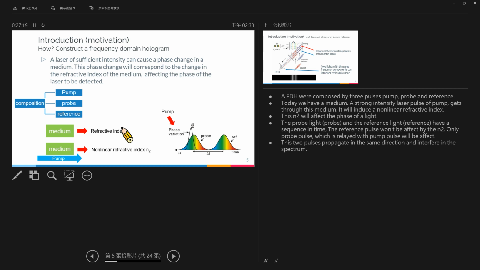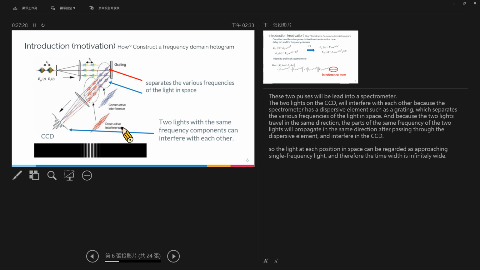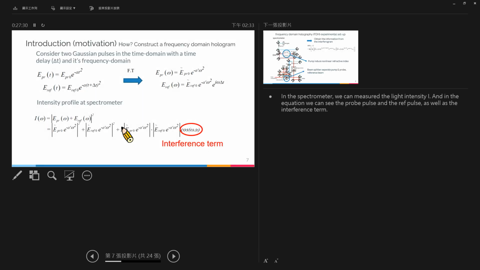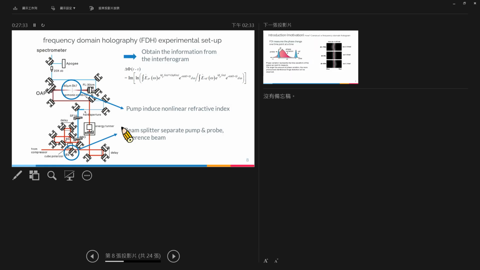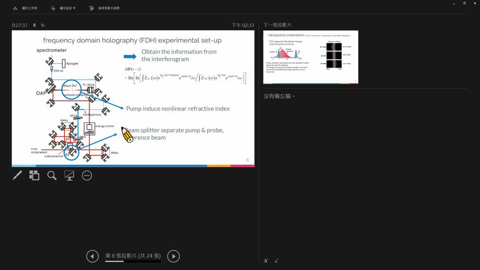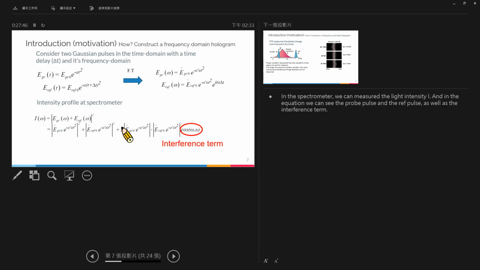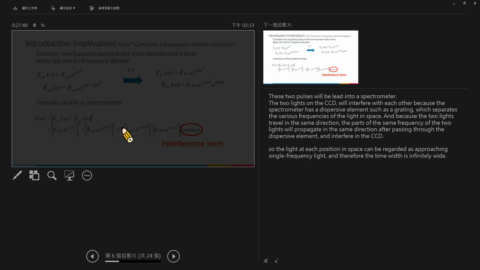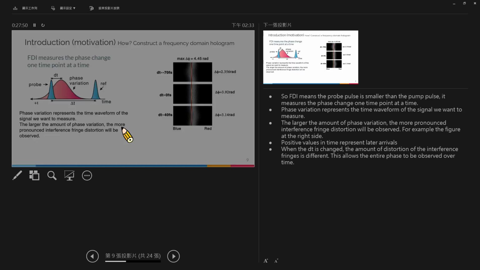Let me see the equation. I think it's because of this equation, which gives a phase difference.